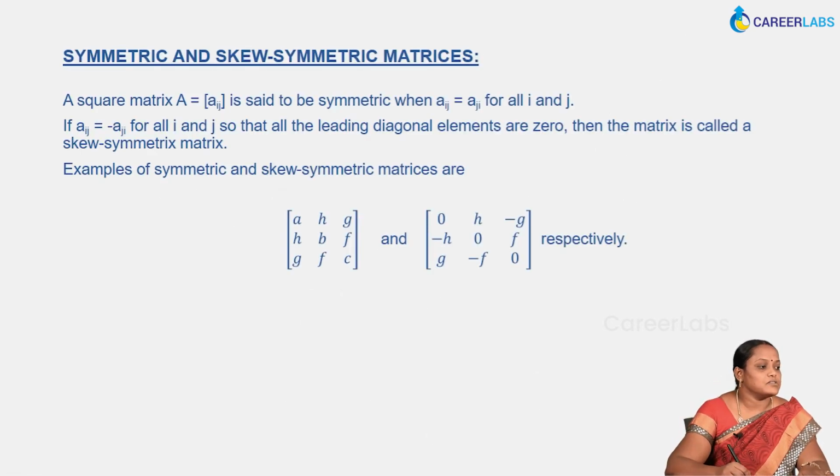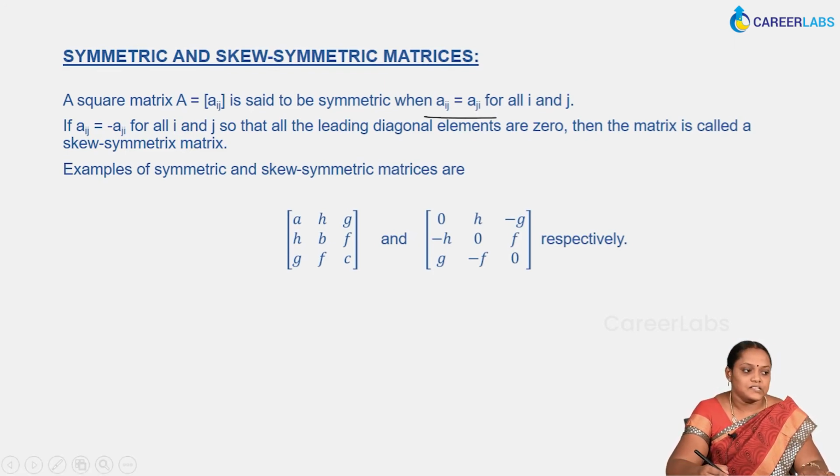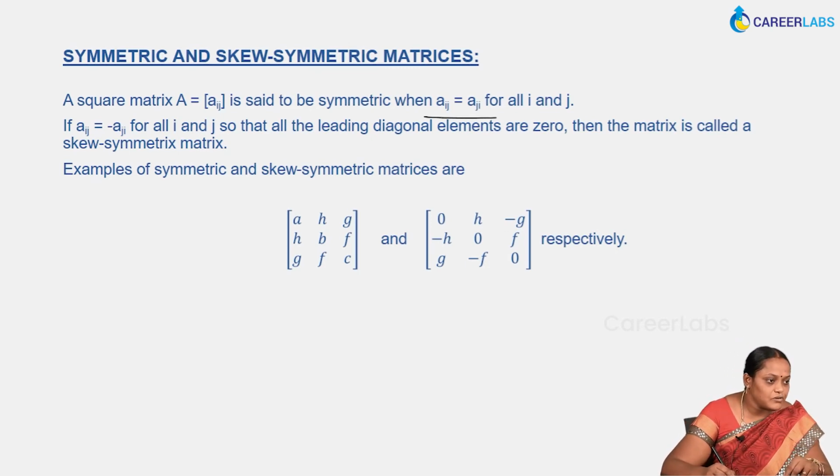Now we will define what a symmetric and skew symmetric matrix is. If you have a square matrix A whose elements are Aij, this matrix is said to be symmetric when Aij is equal to Aji. Here is an example of a symmetric matrix.